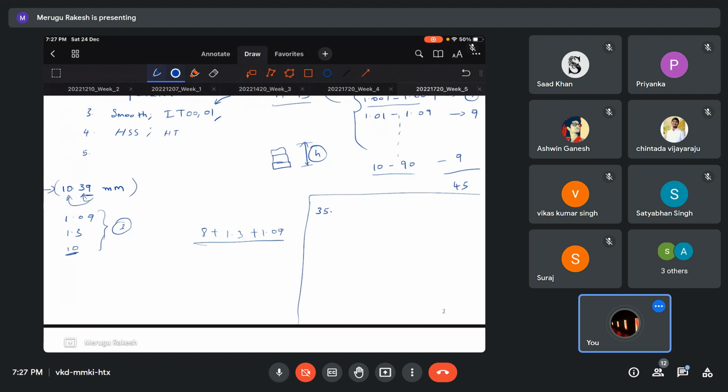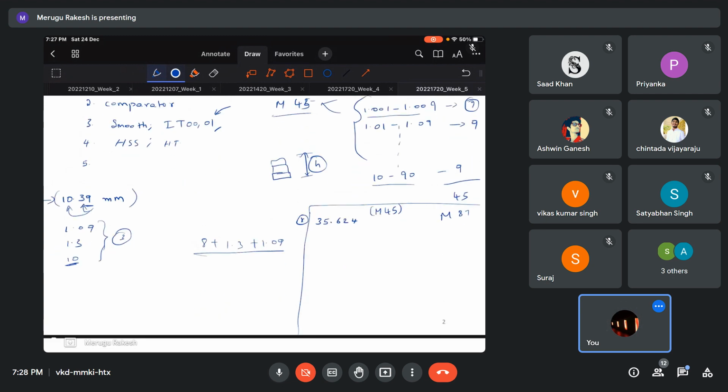So 35.624. How many slip gauges should I use for a normal set, that is M45, and for a special set, that is M88? That is, I think, M87 or 88, whatever.